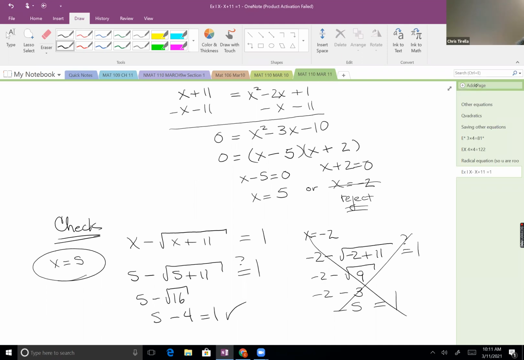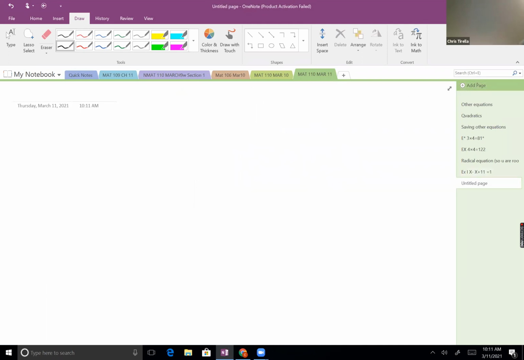Then they get a little dicier if a radical equation contains 2 radicals. And the fact that it has 2 radicals means we're going to have to square it twice.